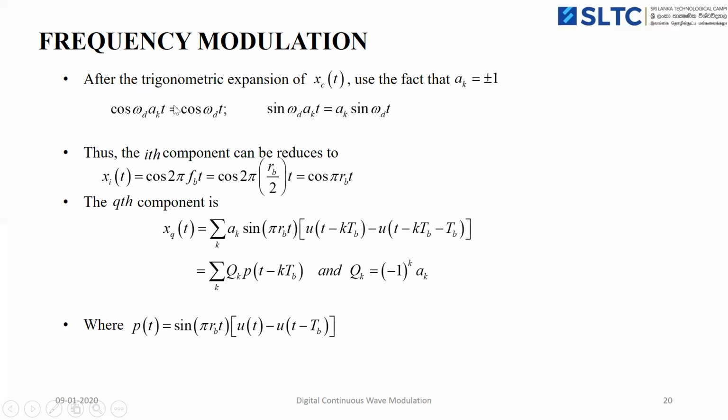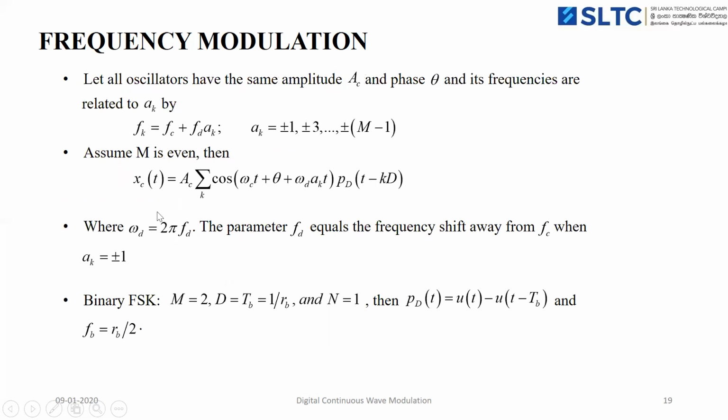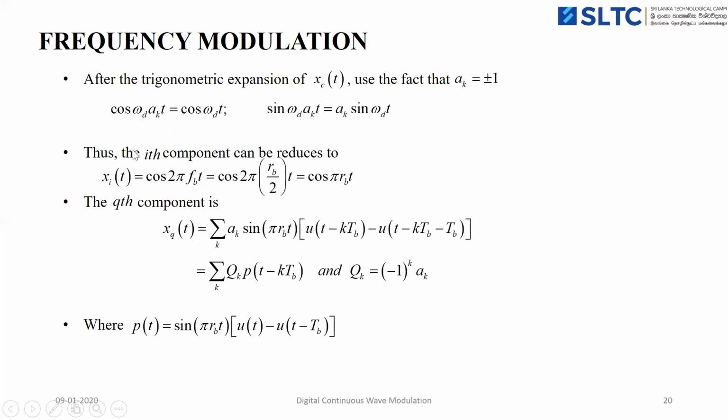Because omega d, we know omega d equals 2 pi fd. Now for the in-phase component, we can replace cos omega d t, and for the quadrature component, sin omega d t, it is equal to a_k sin omega d t.